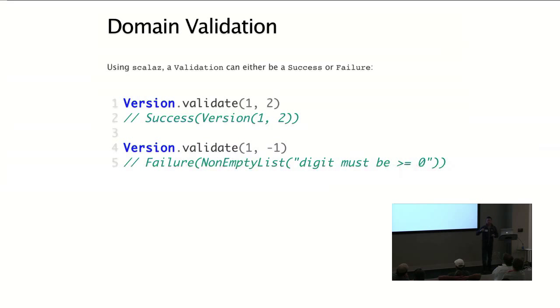So in Scalaz, there's this Validation class. And just like Option has two subtypes, Some and None, and Either has two subtypes, Left and Right, Validation has very nicely named Success and Failure. So when you validate something, you get one or the other. If you get a success, it's the object that you wanted from the inputs.